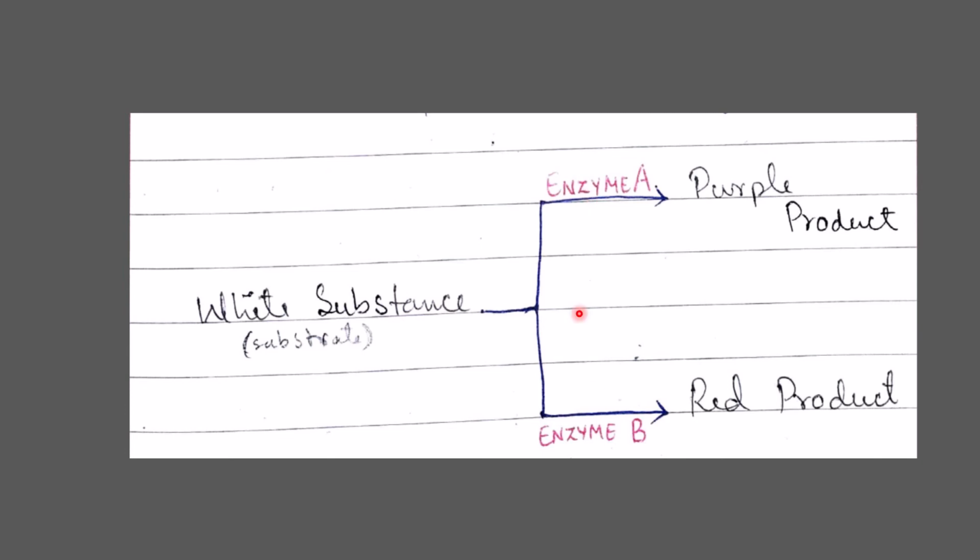Otherwise, if both are present, only enzyme A expresses itself. Only when enzyme A is absent can enzyme B express itself.